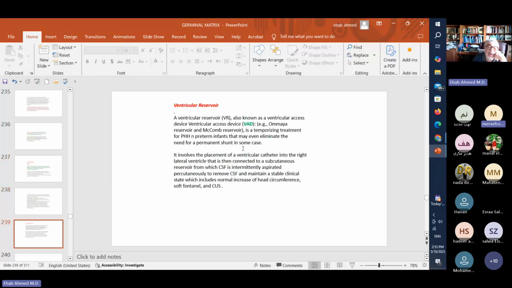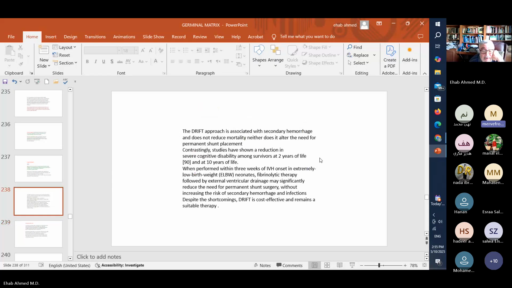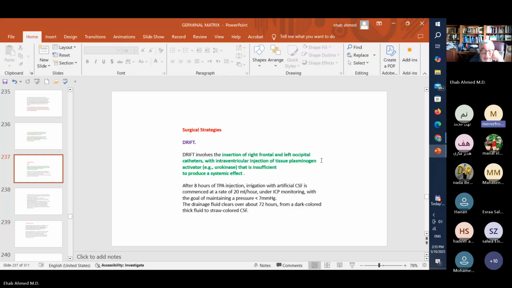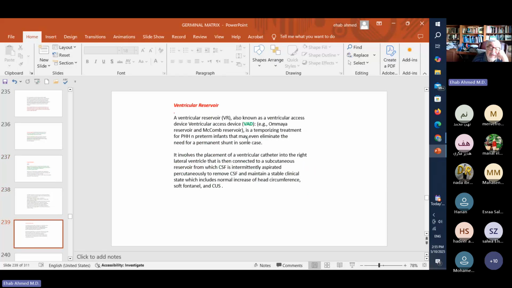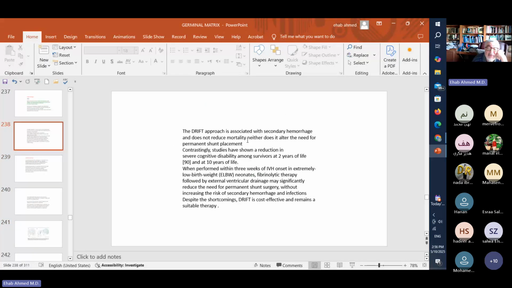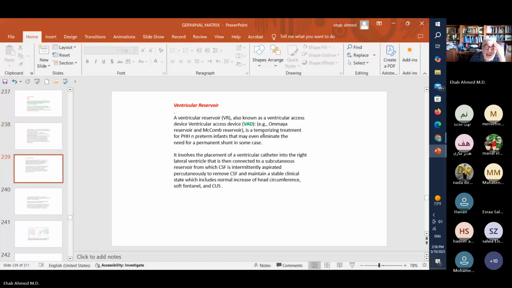Through the external drain. Through what? The ventricular external drain, VED. Yes, the device. Ventricular reservoir, VAD. It's also known as ventricular access device, VAD.